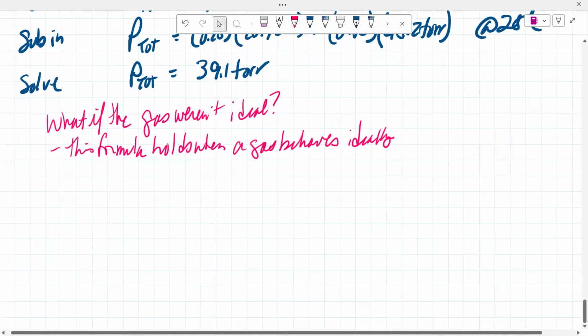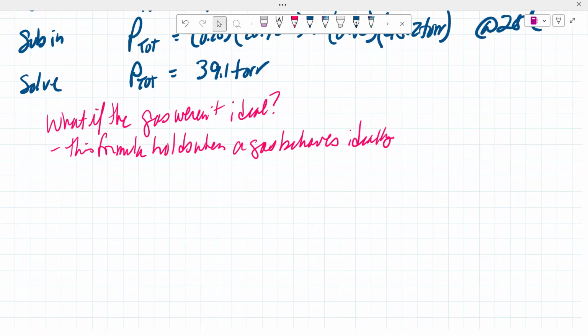That is, the gas contributes its fractional component times its usual pressure when the gas is ideal. When the gas isn't ideal, there could be interactions between two gas types, and that's what would make it be something else. And so then we'll need to figure out how we could deal with that.